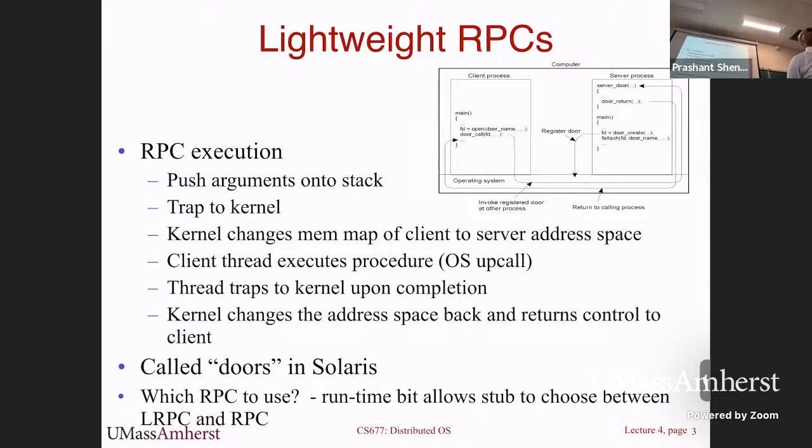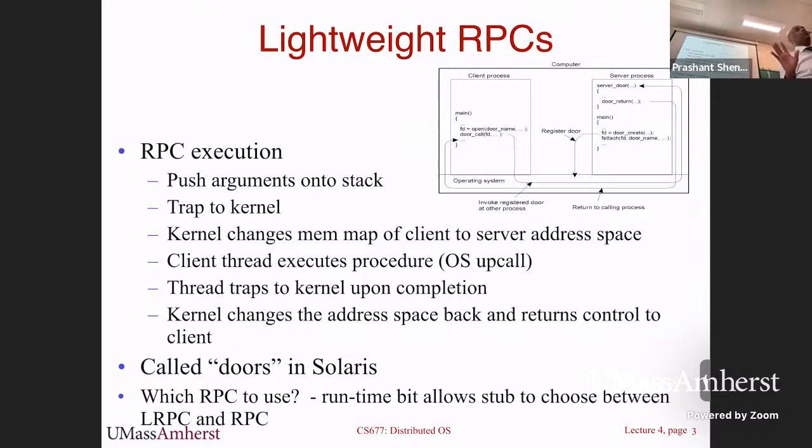Is this what happens after the lookup? Okay, the question is the first step in RPCs is a lookup where you try to locate the server. In lightweight RPCs, how do you figure out where the server is? Okay, so there has to be, even in a lightweight RPC, some ability to first figure out if the server is running.